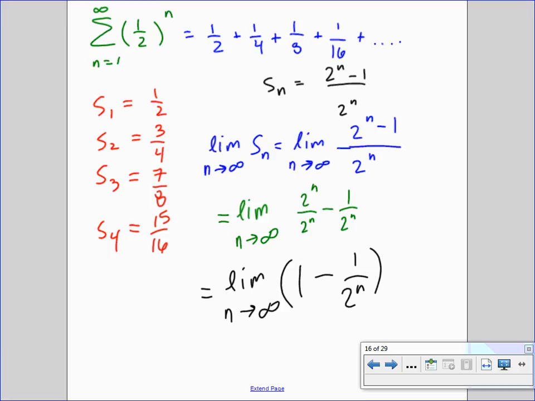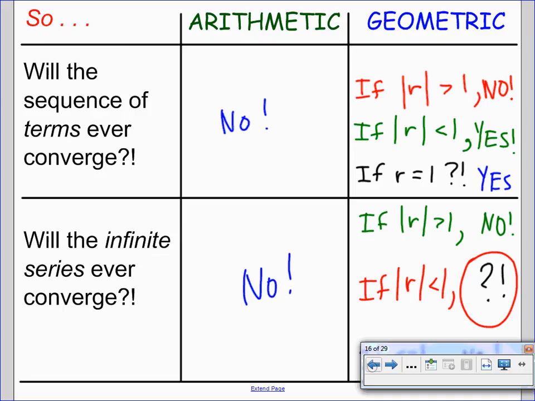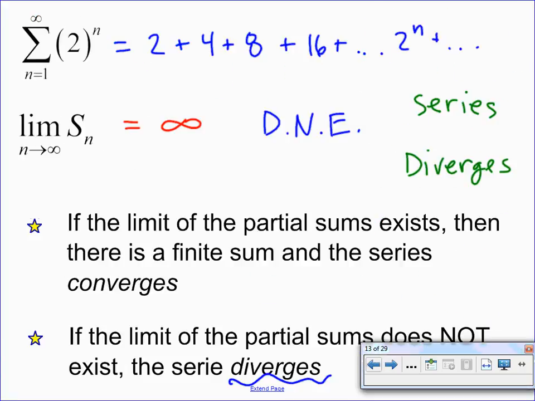Can we evaluate this limit? Well, certainly. I know the limit of a constant is the constant itself. What's going to happen to this denominator, 2 to the n, as n goes to infinity? Well, we saw that before as we were considering term values in my geometric sequence 2 to the n: 2, 4, 8, 16, 2 to the 1,000, 2 to the 1 million.